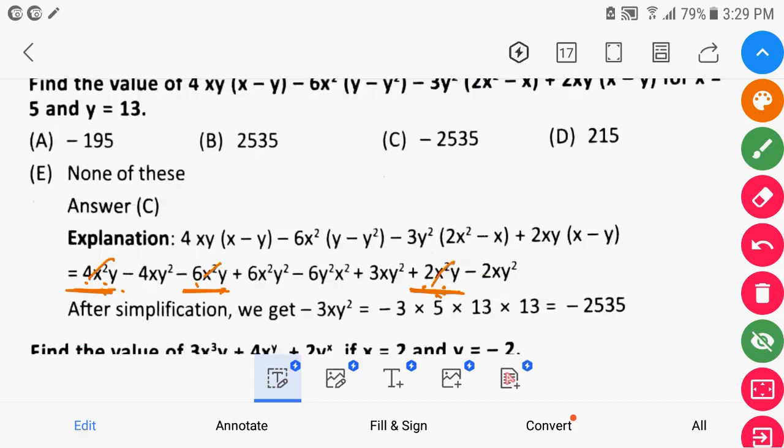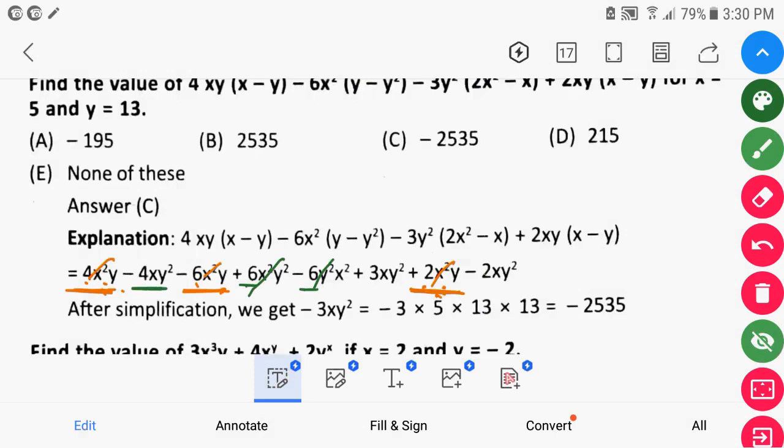Okay. Now moving ahead. Now this is 6x square y square and this is 6x square y square. Again this is plus, this is minus, so again the value is 0. Okay. Now what remains? You first check.